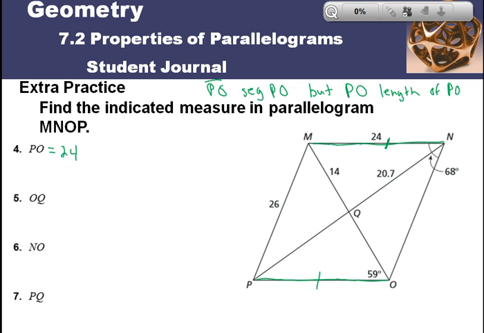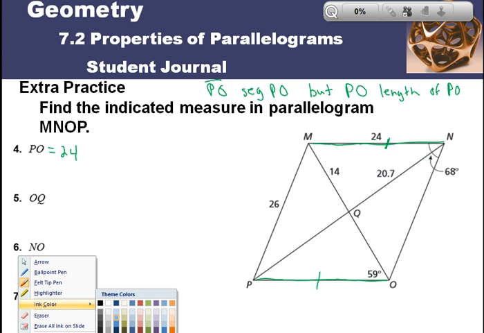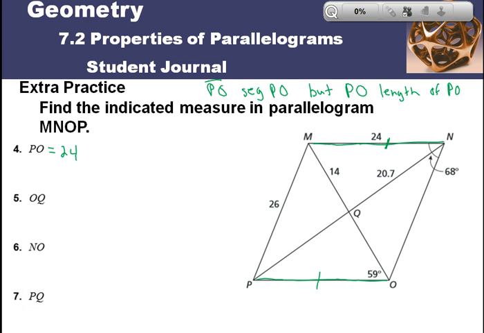Let's switch colors. Maybe I'll do this light blue there. Okay, next on our agenda is OQ. So here's OQ. You can see it pretty good. There's OQ. Okay, and OQ is part of a diagonal, and I know that the diagonals bisect one another. So OQ is going to equal this part of the diagonal.